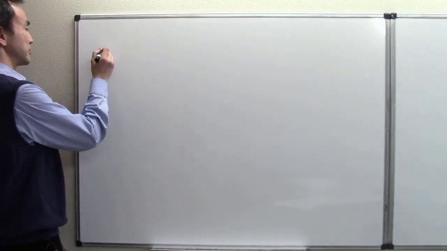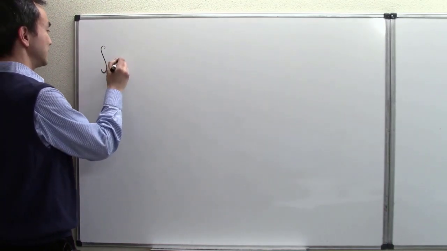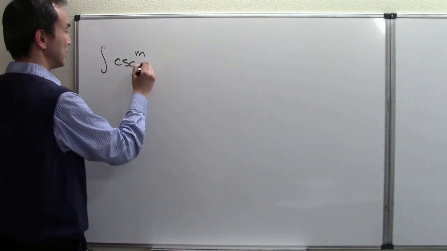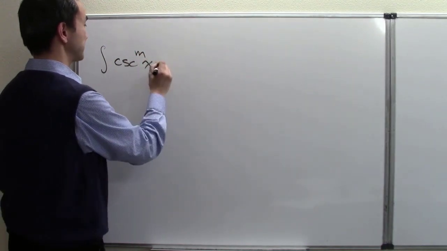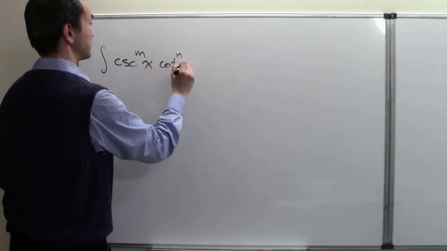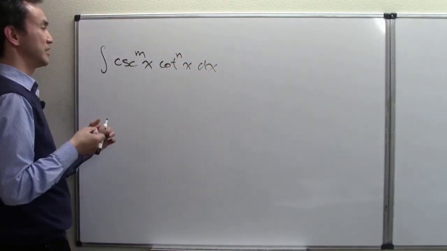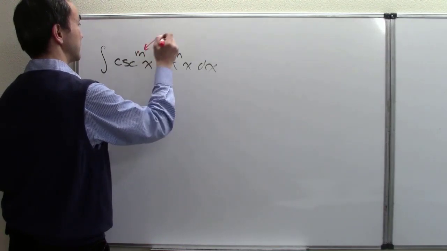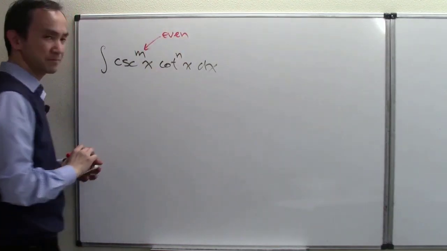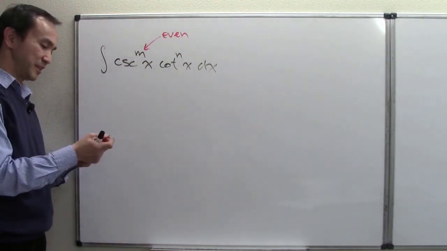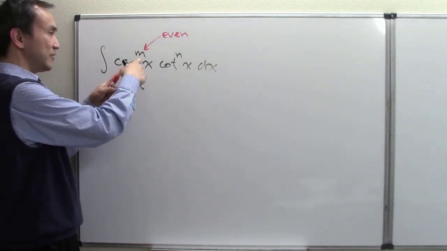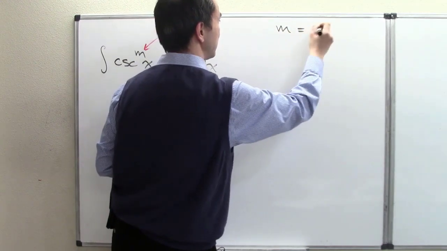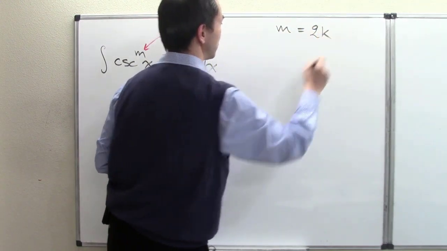All right, so now when our power on the cosecant is even, okay, so when this power m is even, then being an even number means m has to equal a multiple of 2.